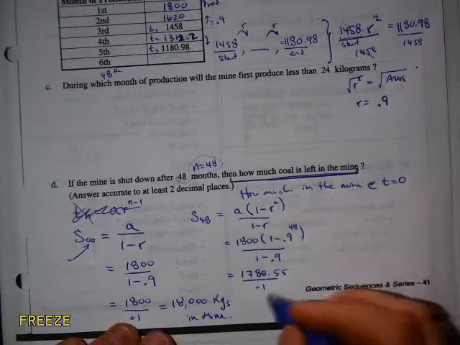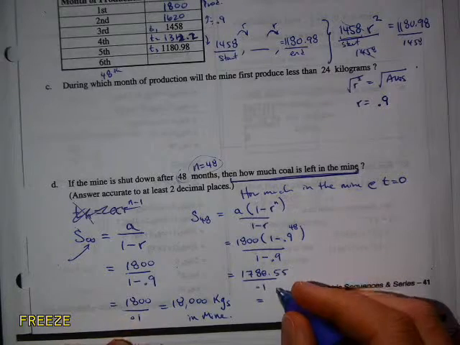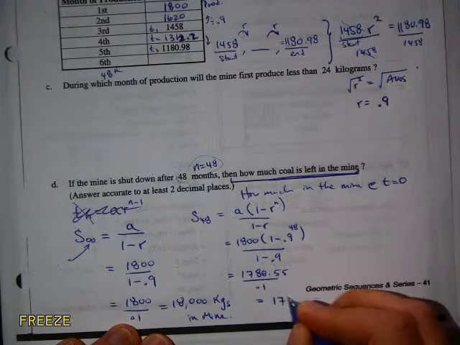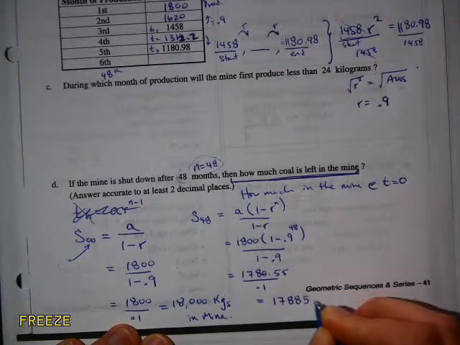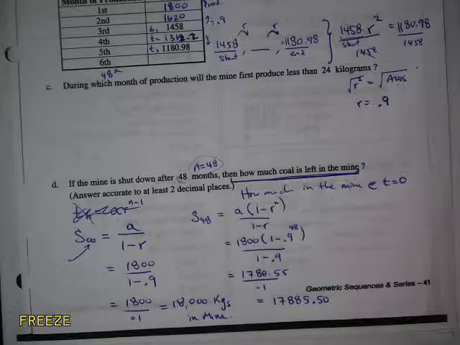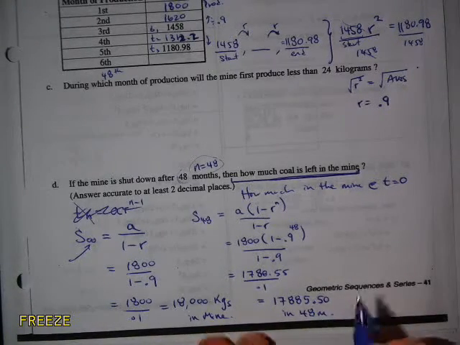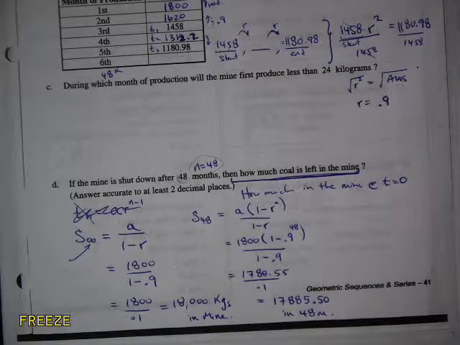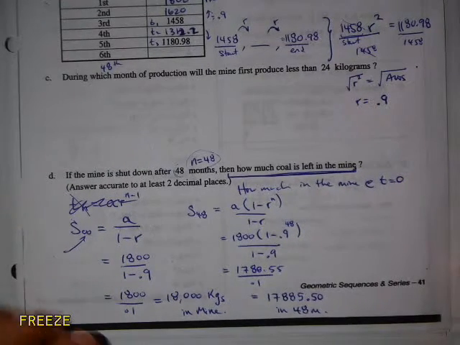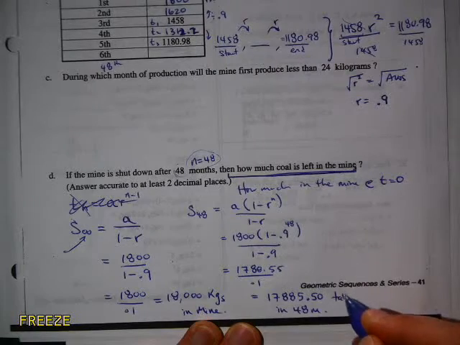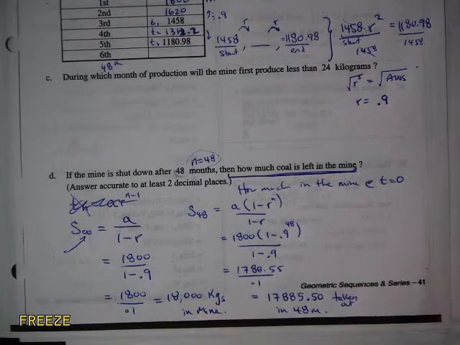Over 0.1, which is add 1 zero. That's in 48 months. That's been taken out in 48 months. So about 17,885 taken out in 48 months.